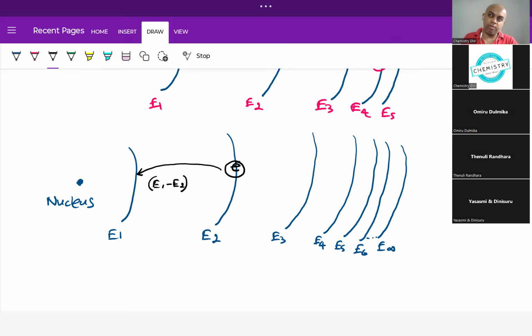Therefore, electrons will be in a lower energy level than previous.